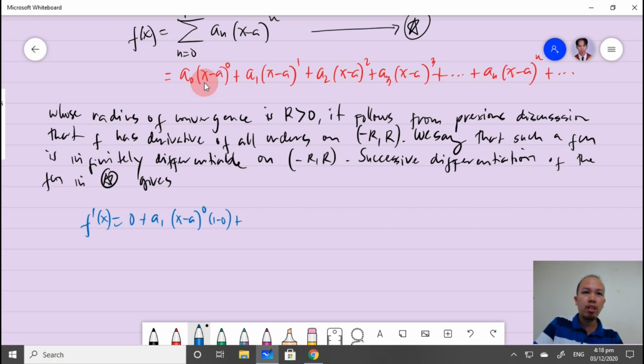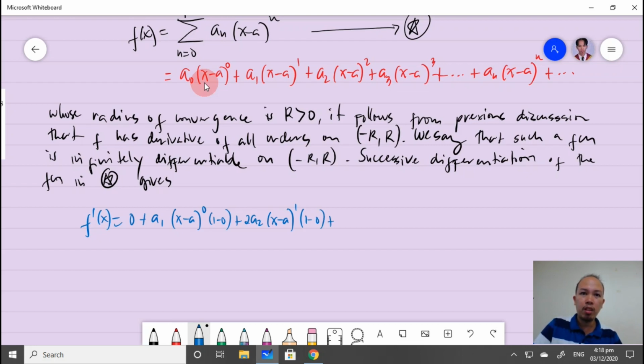For the third term, a sub 2, we have 2a sub 2 (x minus a) to the power of 1 times the derivative of x minus a, which is 1 minus 0.